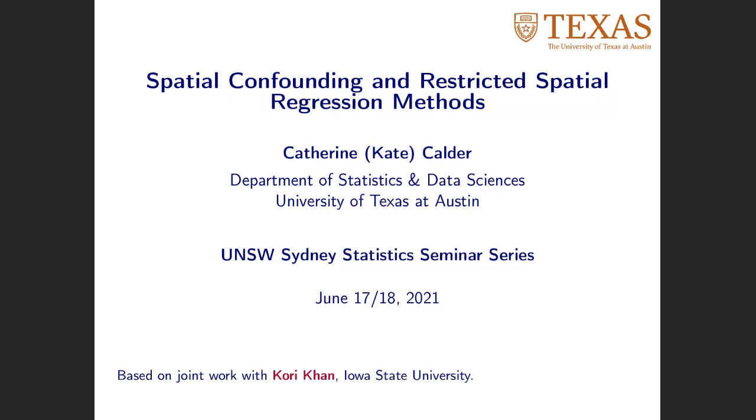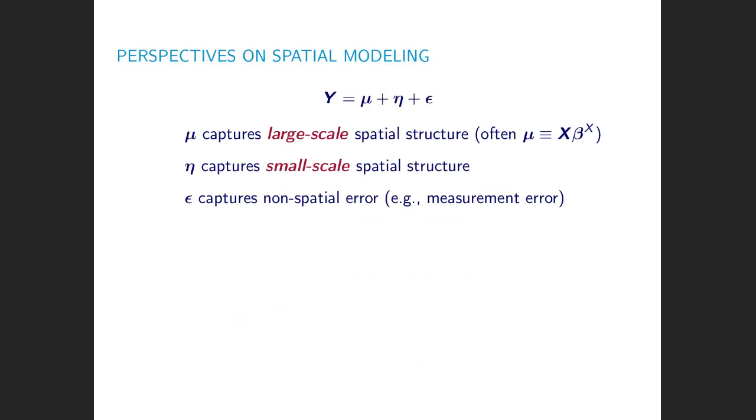So if you don't work in spatial statistics or Bayesian methodology, you might not be aware, but this issue of spatial confounding has become very popular in the literature over the past couple of years. And I want to start with giving you an introduction to what is meant by spatial confounding.